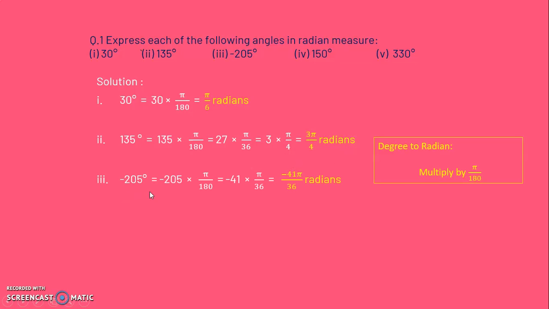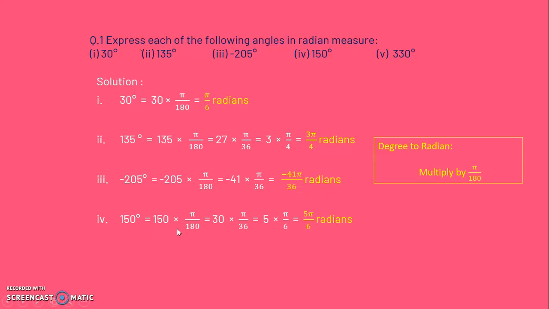And minus 205 degree is minus 205 into pi by 180. 205 and 180 are cancelled with the table of 5, and the answer will be minus 41 into pi by 36, which is minus 41 pi by 36 radians.